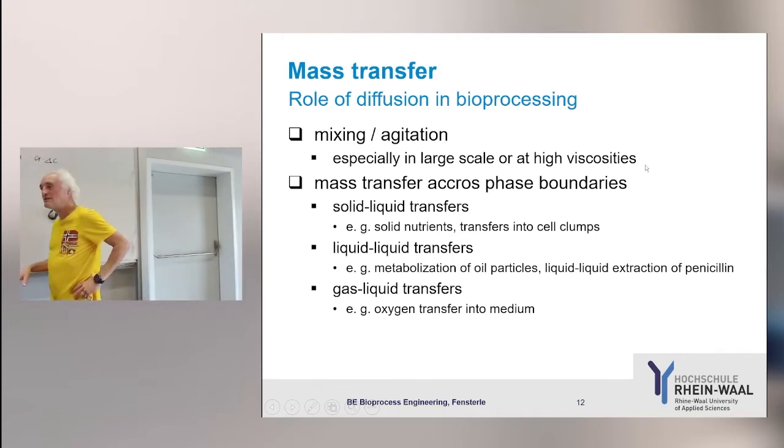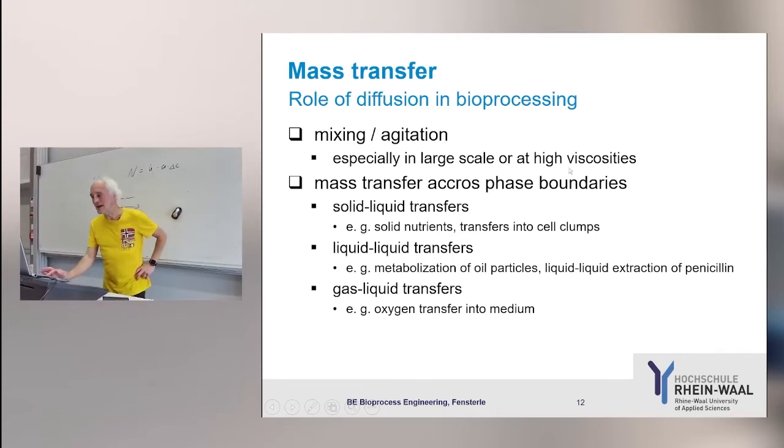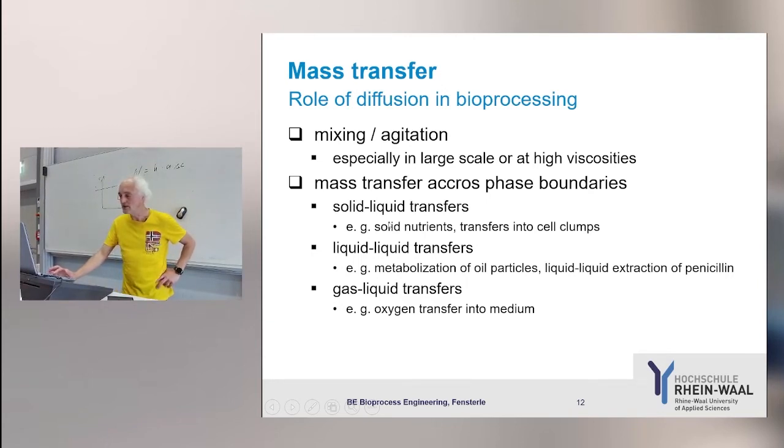Mixing, agitation, so mass transfer across phase boundaries. Solid-liquid transfer is if you have cell clumps inside or if you have solid nutrients. The processes we look at, you will see later on, we don't have that, but especially in food production, for example, of course this happens. Now, liquid-liquid transfer is, for example, in remediation, if you want to metabolize oil spills.